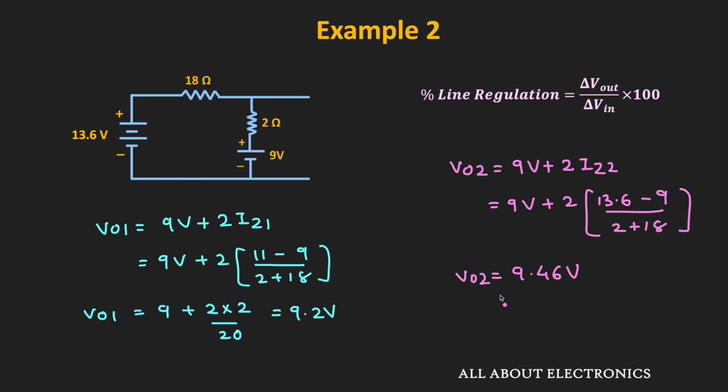So in this way, when the supply voltage is changing from 11 volt to 13.6 volt, at that time the change in the output voltage is from 9.2 volt to 9.46 volt.